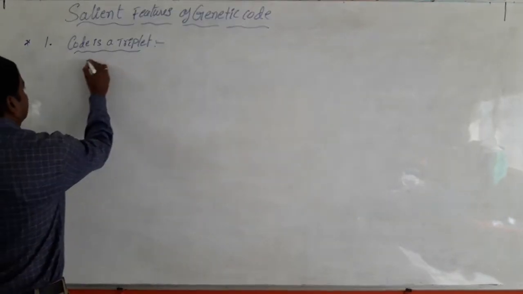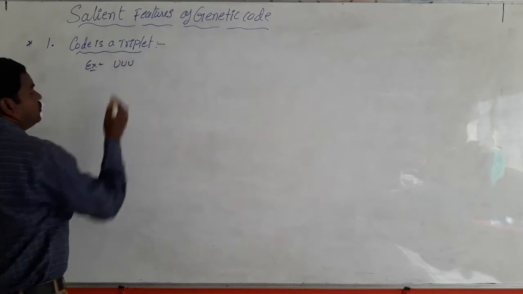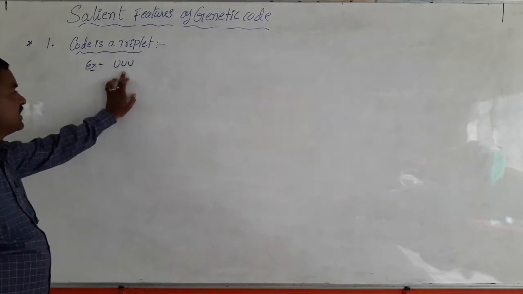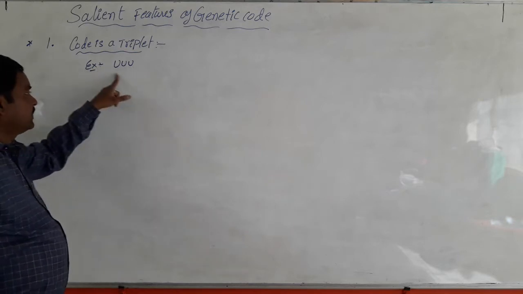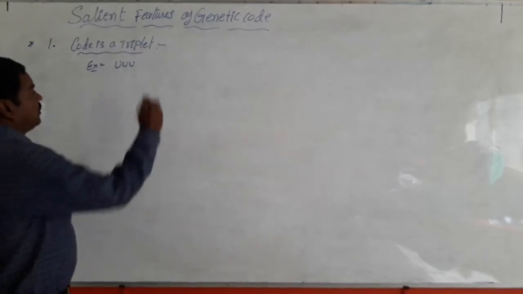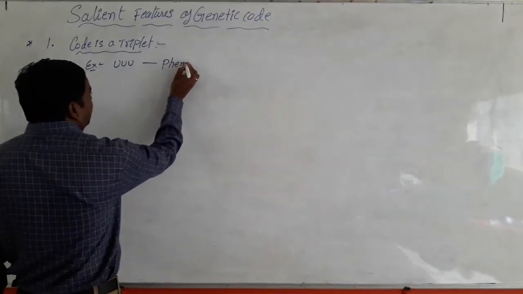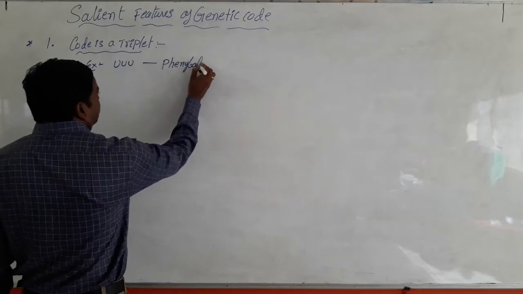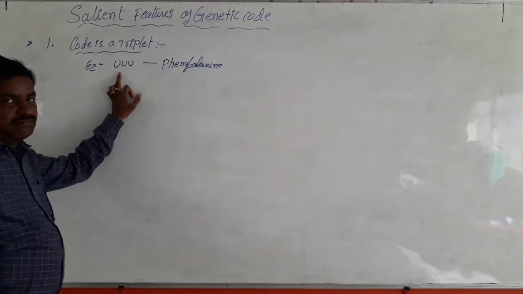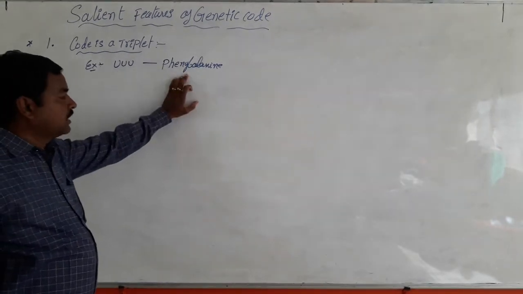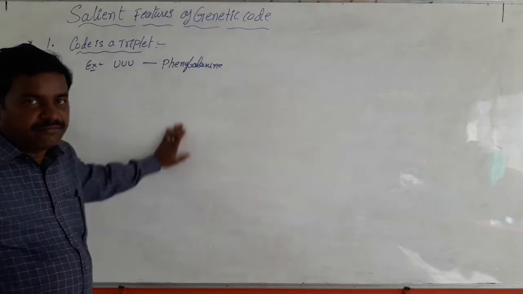For example, one codon is UUU, uracil, uracil, uracil. This is a codon consisting of a total of 3 nitrogen bases. This codon recognizes the amino acid phenylalanine.